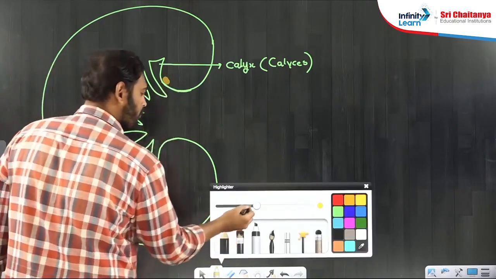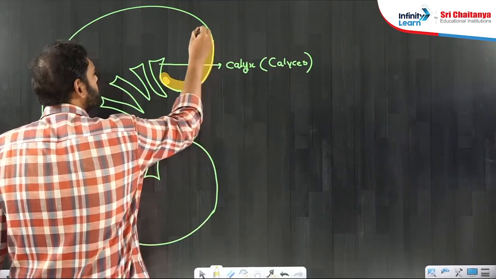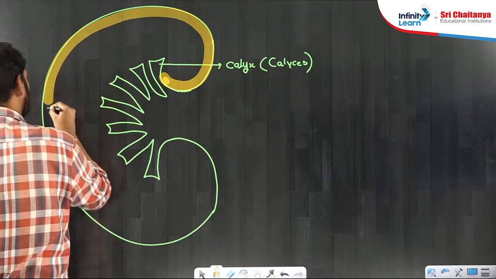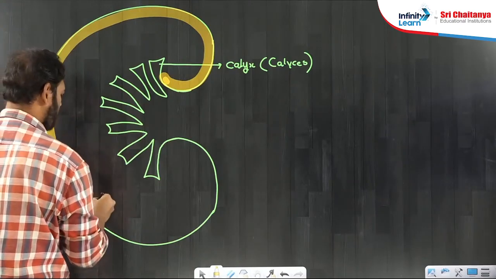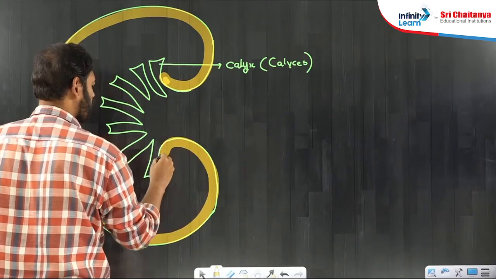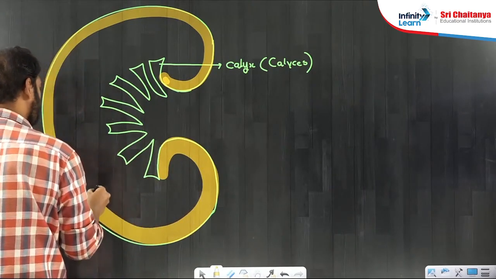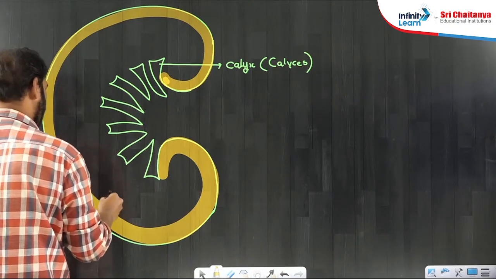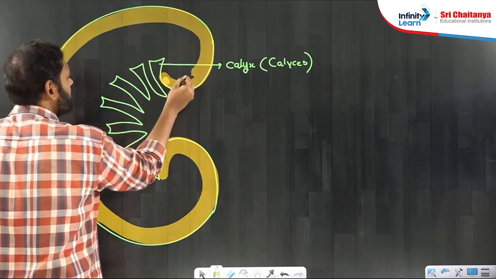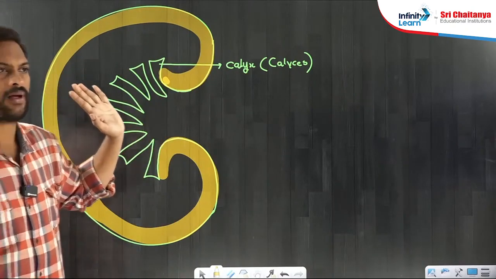The outside, the surface of the kidney like this, looks light colored, hypotonic, not much concentrated, dilute. This part of the kidney, which is at the periphery, we can call the kidney or renal cortex. Done?